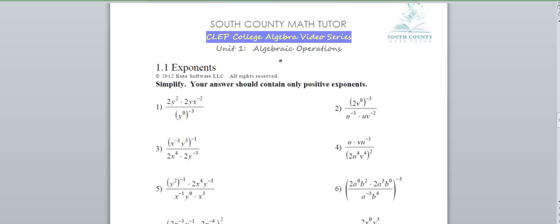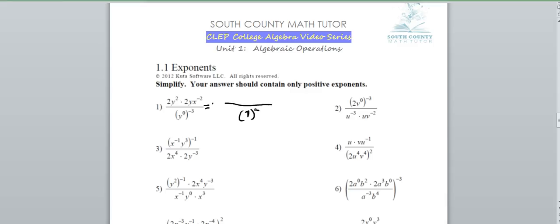Okay. So interesting example number 1. So a lot of things going on with this problem. My first thing is I'm going to go ahead and do something raised to the 0 power. I know that y raised to the 0 power is 1.